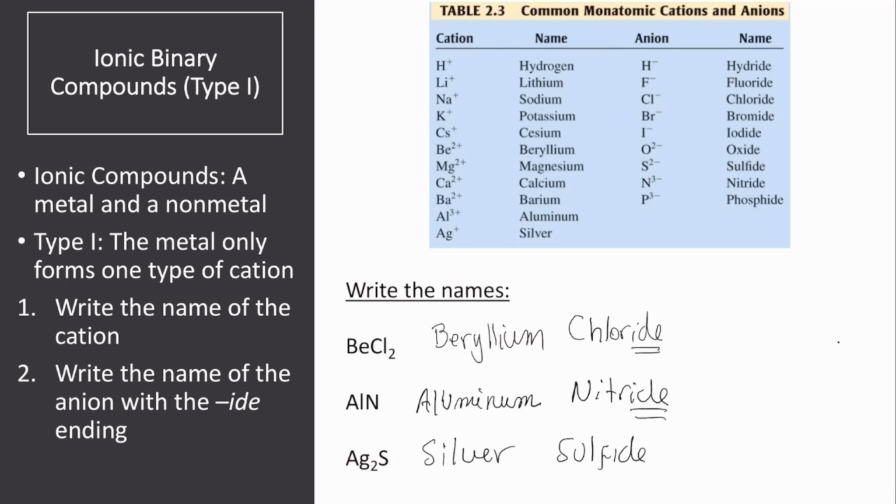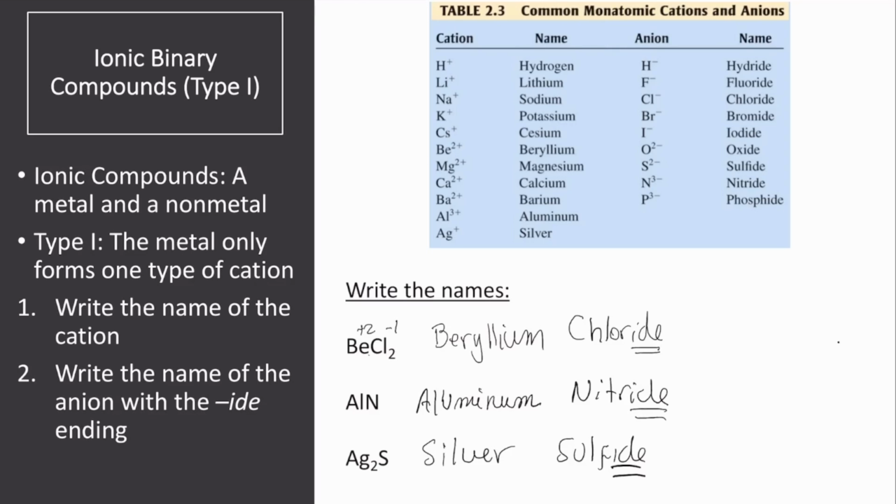The last thing is we can check for the neutrality of each of the compounds. Let's start with the first one. Beryllium has a charge of +2, so we can write a +2 on top of beryllium. And chlorine has a charge of -1, so we write -1 on top of the chlorine.